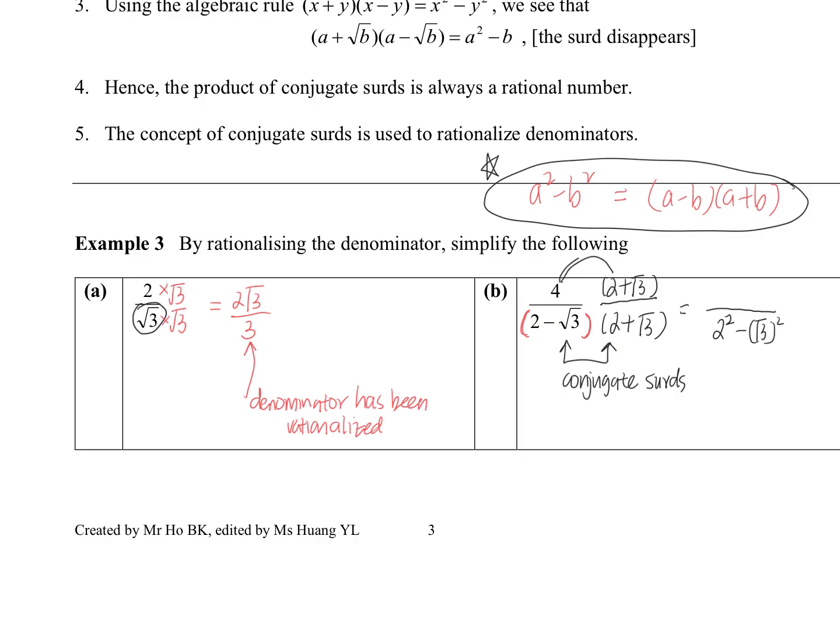And then at the top, so can you see the denominator now has magically changed to a number? Yeah. So it's math magic. Okay? So anyway, it's over 1. No need to write the over 1 already. But can you see that the denominator has no more surds? So this is called rationalizing the denominator.